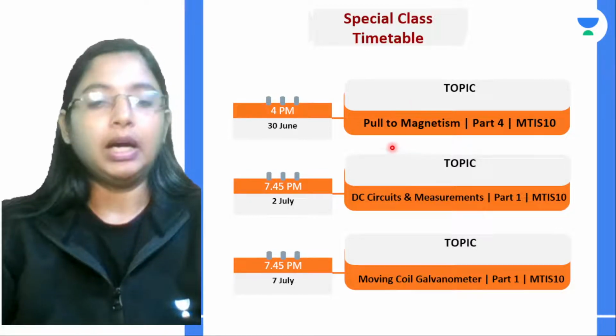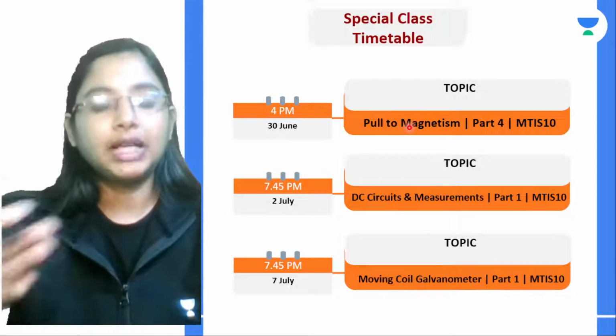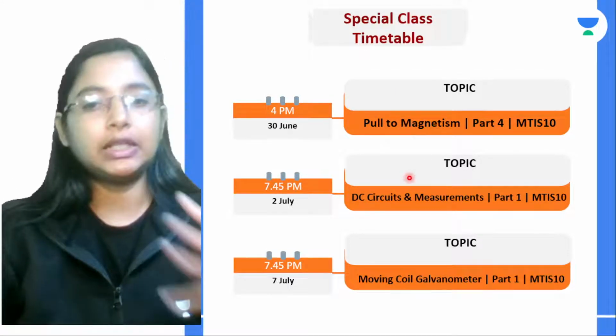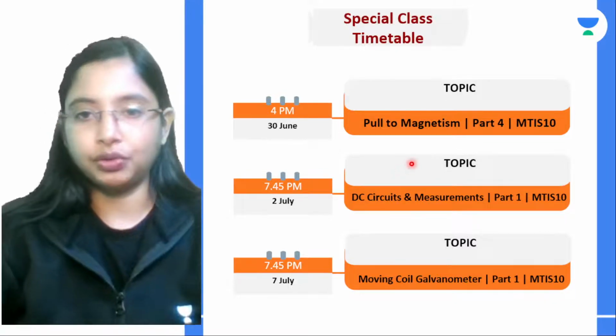Tomorrow's class is also a doubt session. In case you have any doubts in any of the classes we have done in the magnetism unit, you can ask me, and we will also do a few numericals.